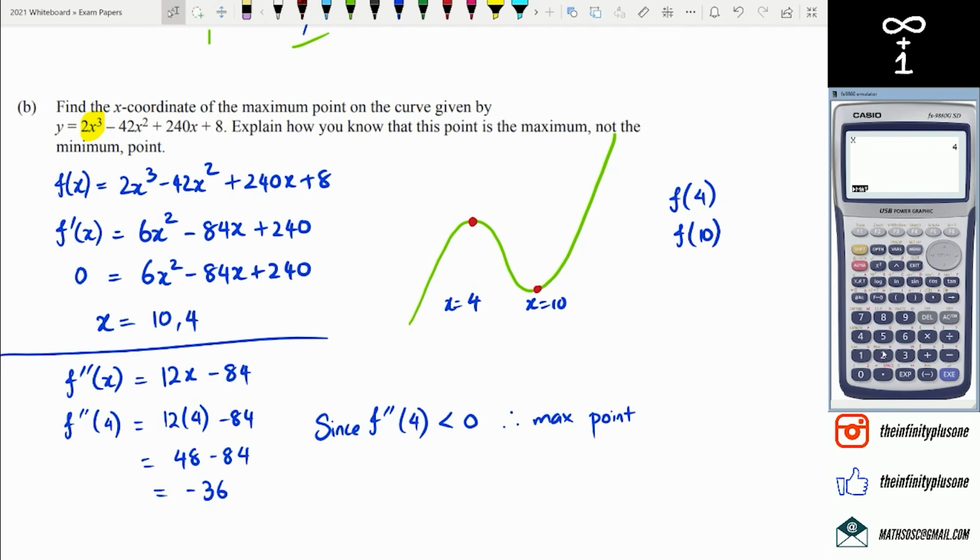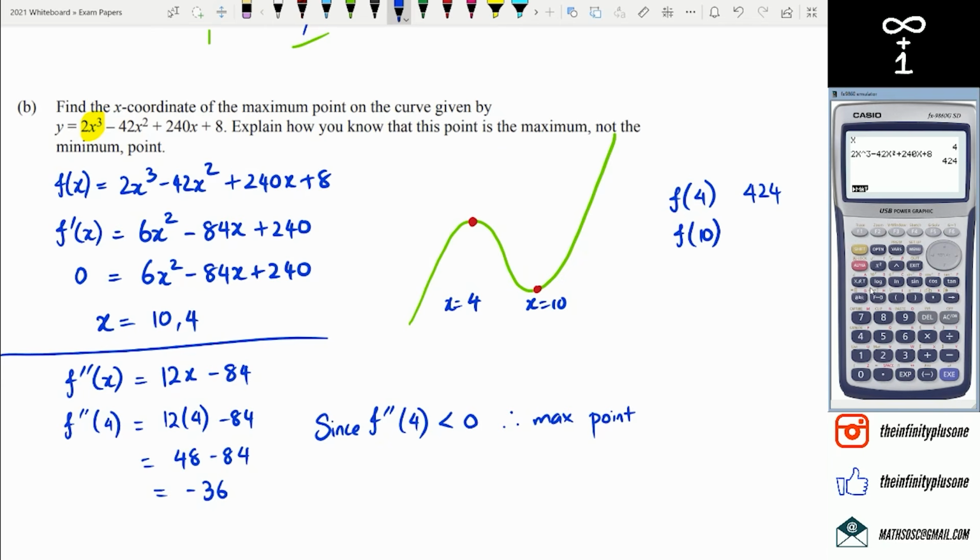Just put it in your equation: 2x to the power of 3 minus 42x squared plus 240x plus 8. When x equals 4, f of 4 is equal to 424.